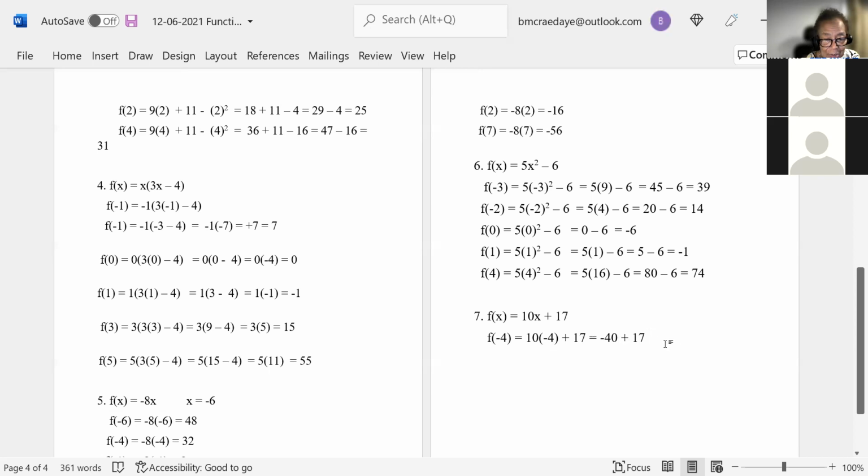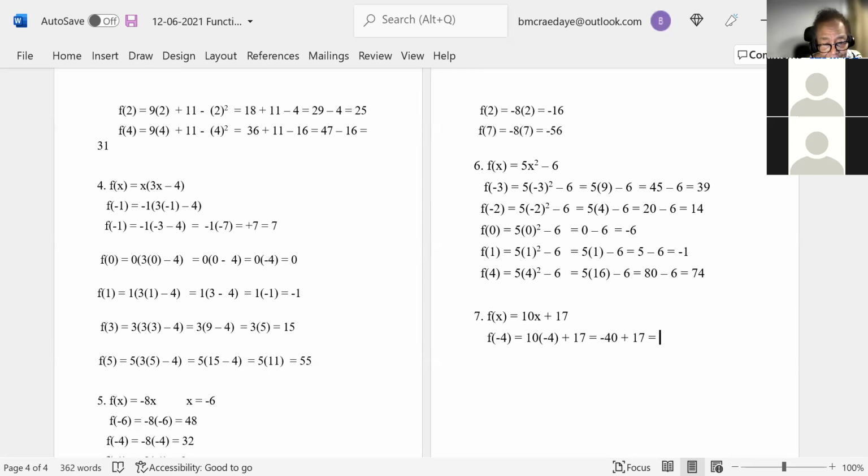Remember, you've got to subtract because there's a minus and a plus. Subtract 17 from 40. 17 from 50 is 33. 23. It'd be plus or minus?